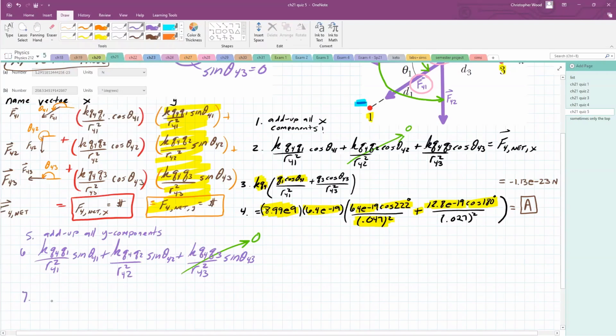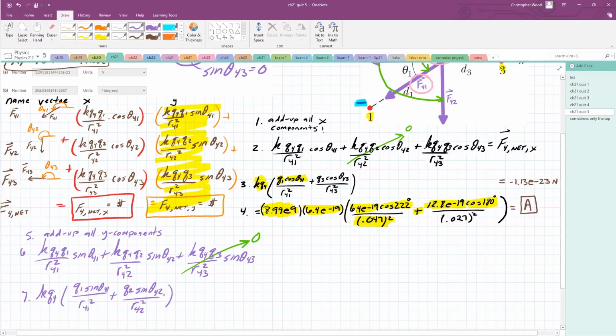Step 7. Here's my Y component. Its common factor is KQ4. This is going to look exactly like, well, not exactly like step 3, so let me not say that. But I'm pulling out a common factor, and I'm left with Q1 sine theta 41 all over R41 squared plus, and this is where it's a little bit different, plus Q4, I'm sorry, Q2 times sine theta 42 all over R42 squared.